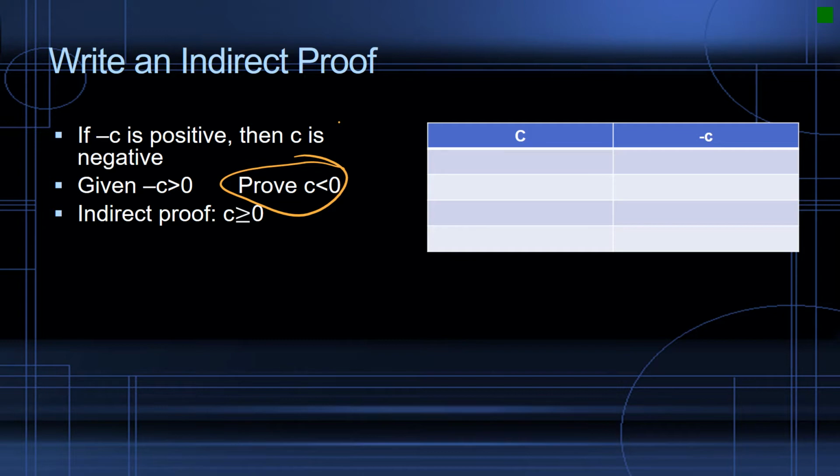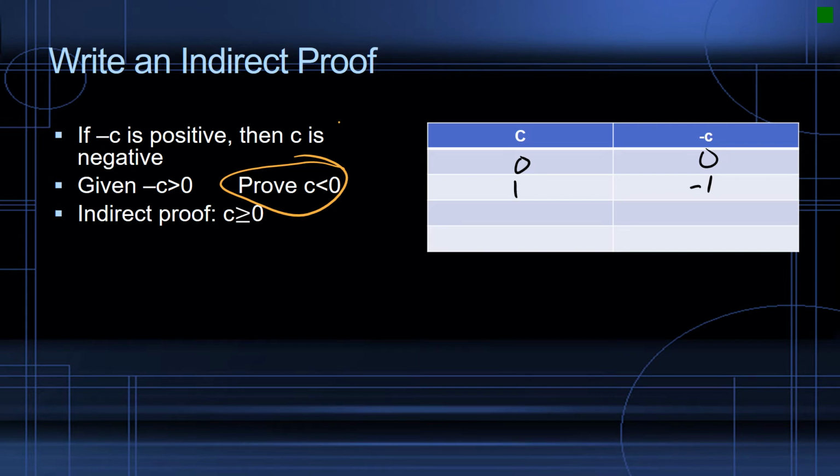Well, if that's the case, obviously then negative 0 is just 0. What about when c is 1? All right, that's greater than or equal to 0. That's our indirect proof. Well, then negative c would be negative 1. And that's not positive. That's a negative number.